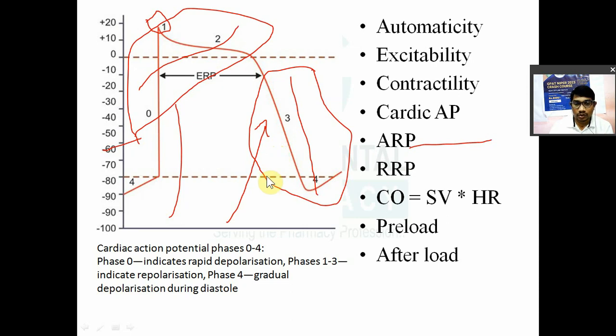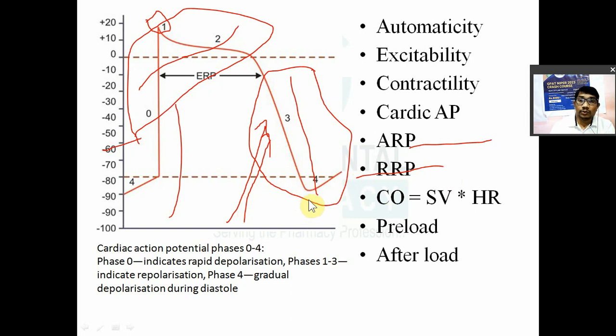While the action potential is going on, in phase 3 or phase 4, if a strong stimulus comes, the cell can react to that stimulus and excite again. That is known as the relative refractory period.